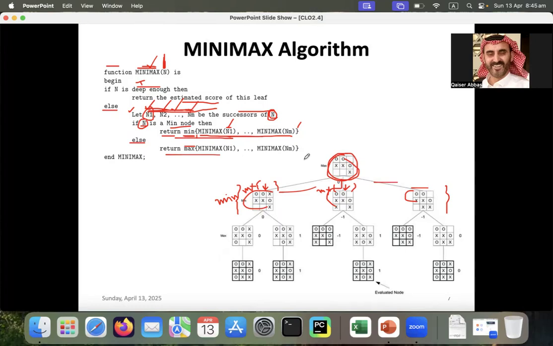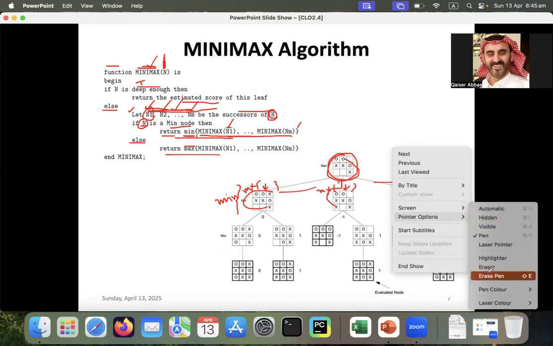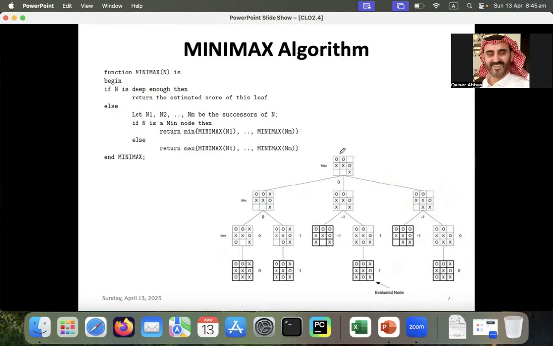So for example, if this node is n, and this n is not a min node, it is a max node, then you will apply max.